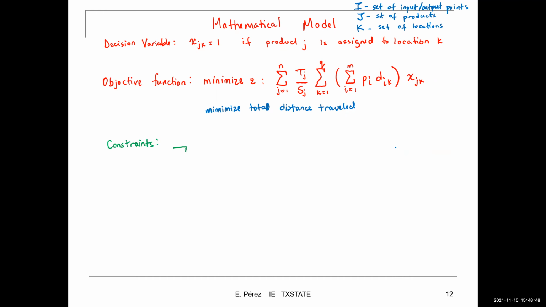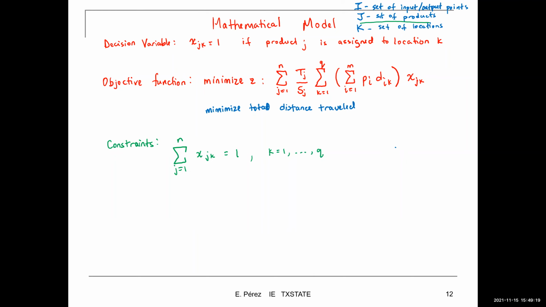First constraint is the summation for j equals 1 up to n of xjk has to be equal to 1. So j's are the set of products, and this constraint will be from k equals 1 up to q.